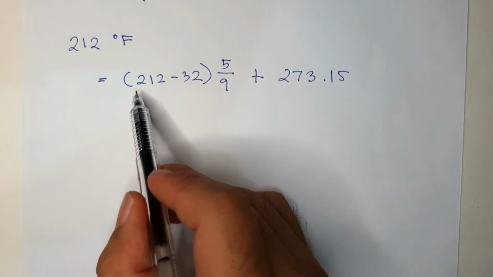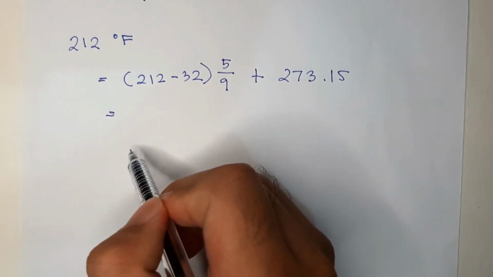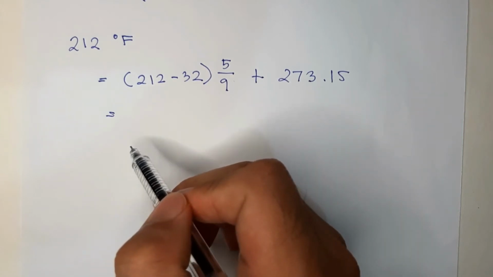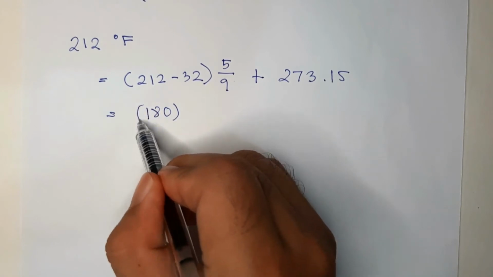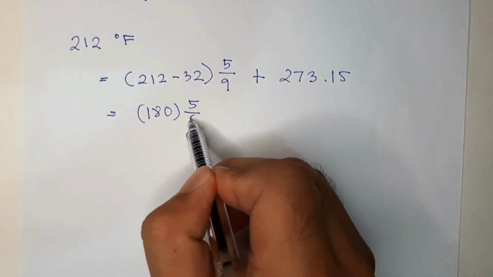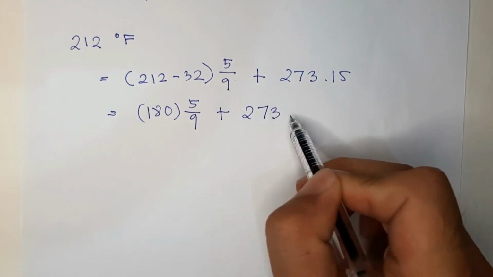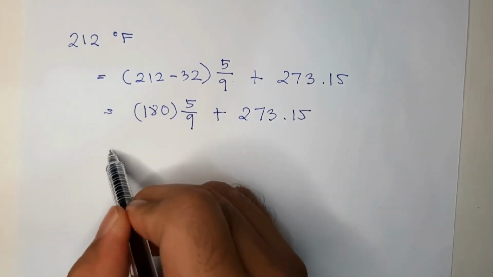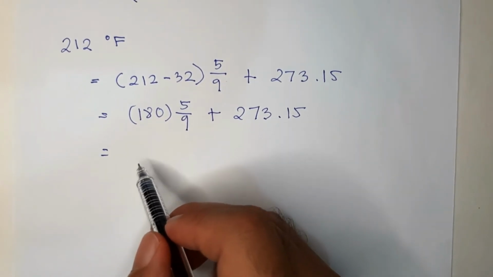So again, we subtract. 212 minus 32 is 180 times 5/9 plus 273.15. The next thing is multiply 180 to 5/9.